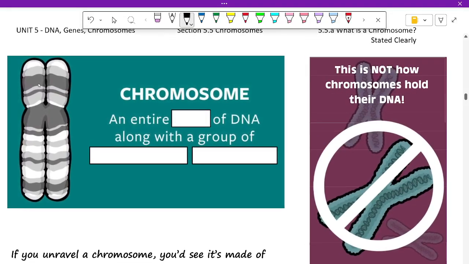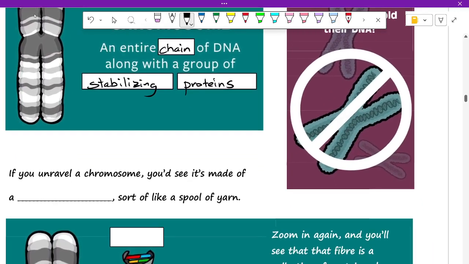A chromosome is an entire chain of DNA with a group of stabilizing proteins. If you unravel a chromosome, you would see that it is made of a thread. Much like a spool of yarn.